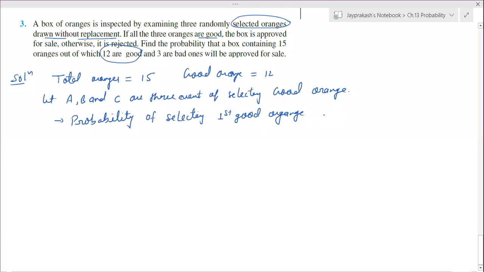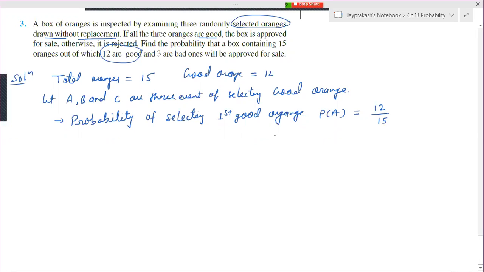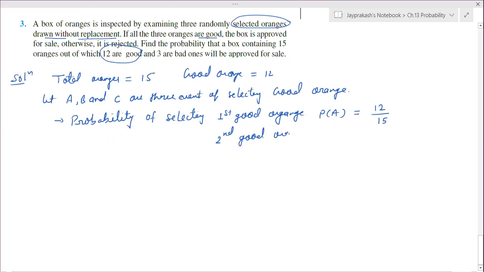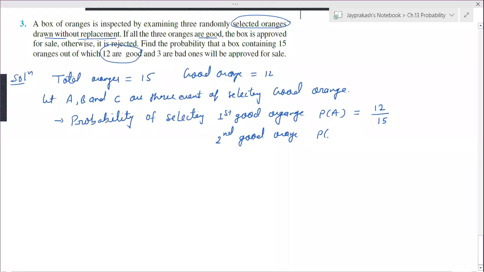So the probability of selecting the first good orange will be denoted by P of A. So we have 12 options to select out of 15. Now in the same way, the probability of the second good orange is denoted by P of B.